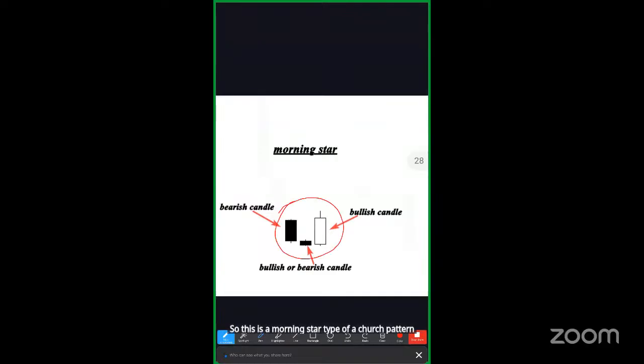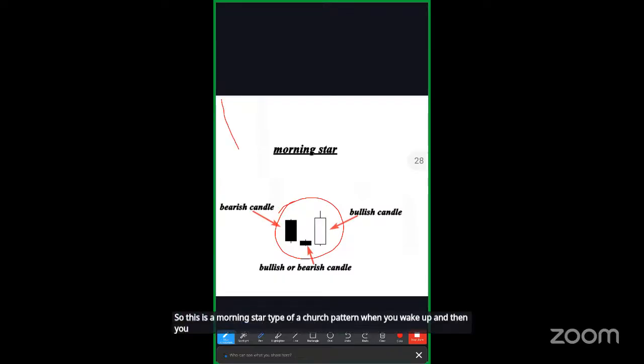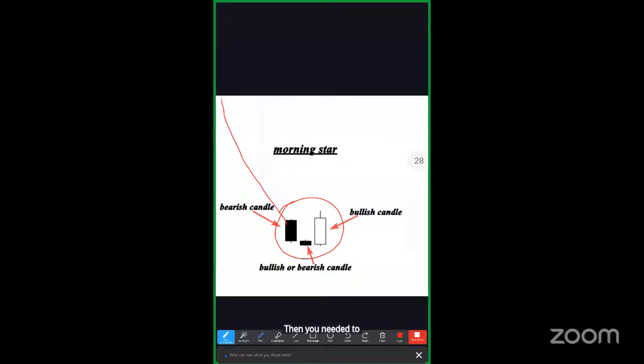When you wake up and you go to TradingView, right, then you see that morning stars are showing you some stars. Then if you have capital, you need to ask yourself, what else should I look for? Okay, can I draw my support and resistance on these candles?